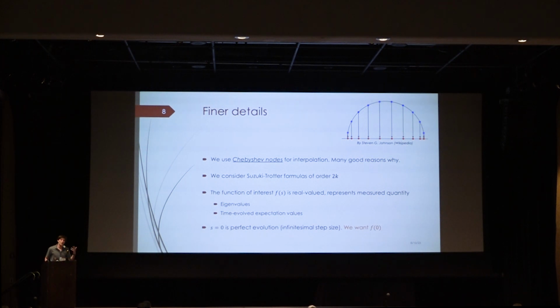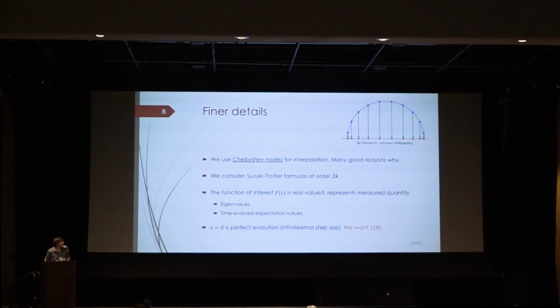And in our work, we're considering, in particular, the class of Suzuki-Trotter formulas of even order. So in this case, they're order 2k, where k is a positive integer. For example, k equals 1 is a symmetric formula.